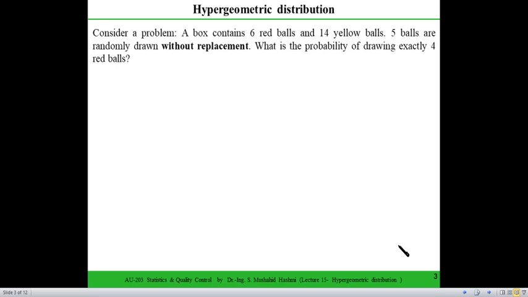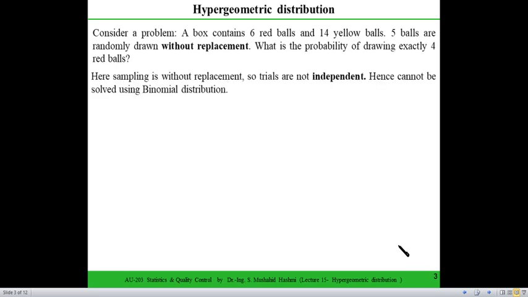The unknown here is the probability of red balls. You have altogether 6 red balls and you are picking altogether 5 balls. So what is the probability that you are getting 4 red balls?